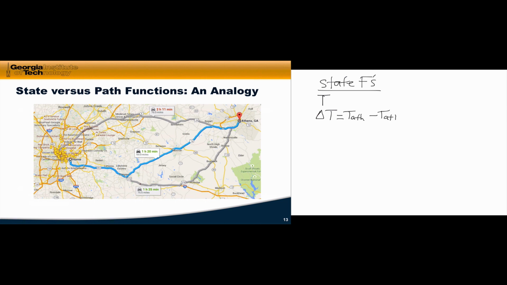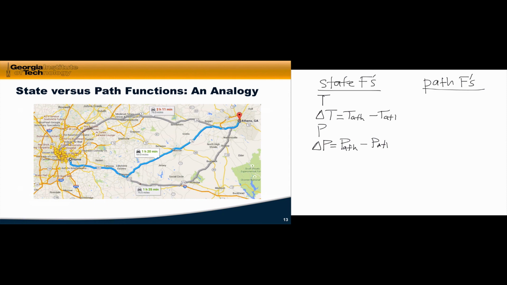Another example would be the air pressure. The change in air pressure in going from Atlanta to Athens is just the pressure in Athens minus the pressure in Atlanta, irrespective of which of these three paths we take. What about path functions? Well, three different paths are listed here. And what kinds of functions would we expect to be different depending on the path we took?